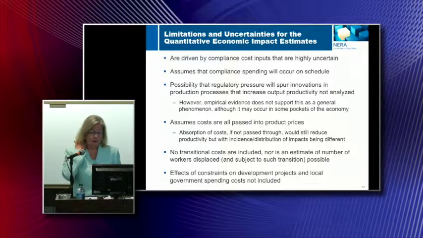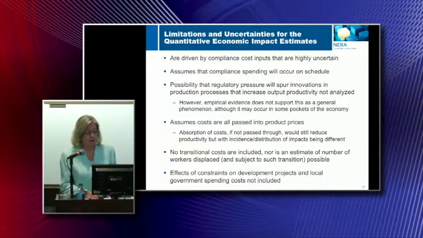We have assumed that all the costs do get passed through into product prices. And the importance of this has to do with the distributional effects more than the net aggregate effects. Our distributional impacts are just assuming cost pass through, and then everything comes back to the consumer, the household, depending on what they're consuming.